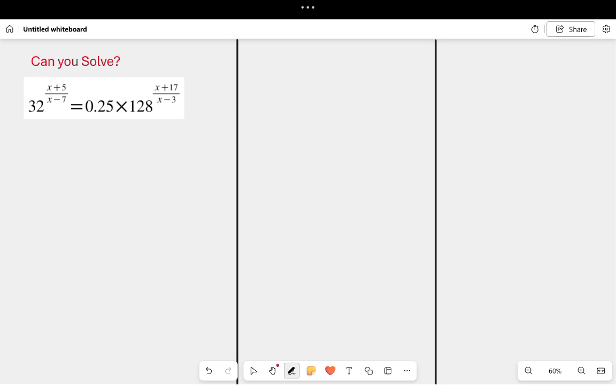Now we are solving this question here. It's an exponential equation. So the first step, we are going to write 32 in terms of 2's.